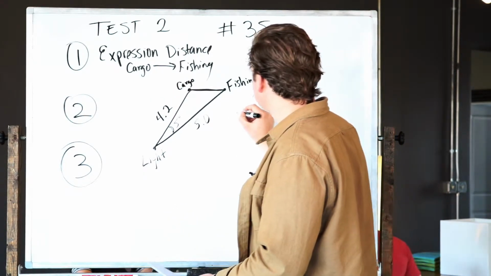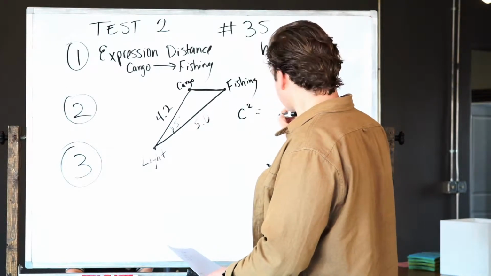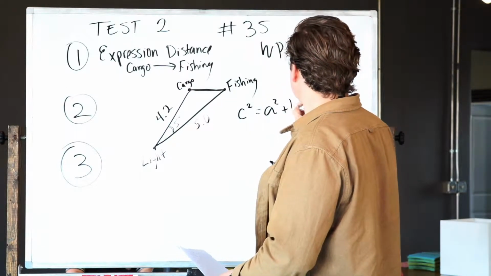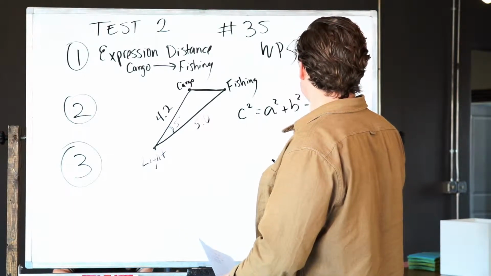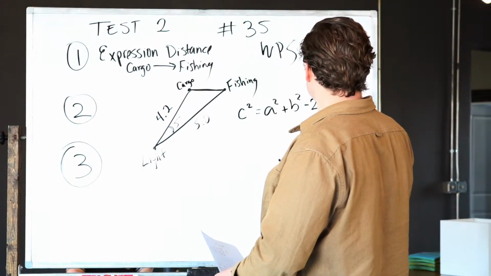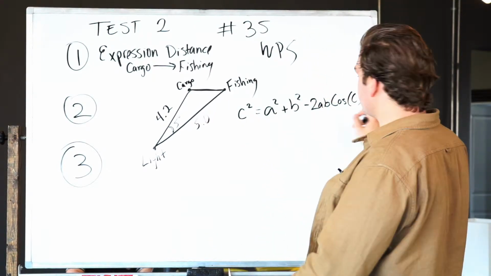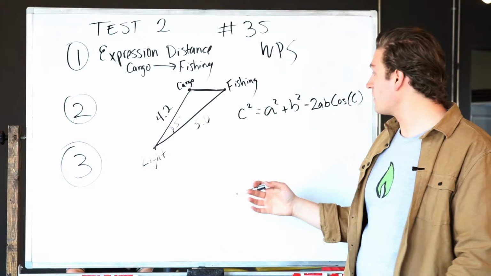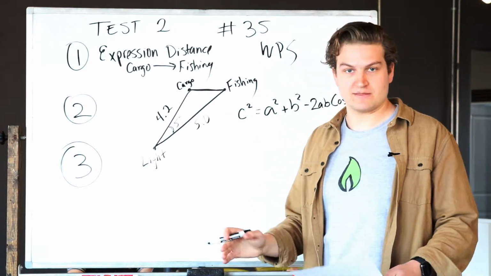The law of cosines says that in a triangle like this, c squared equals a squared plus b squared minus 2ab cosine of angle C. Using that formula, we can find the distance between the cargo ship and the fishing boat.